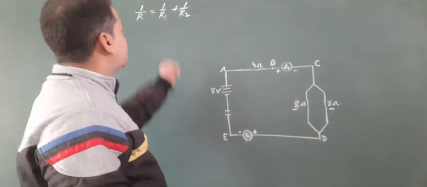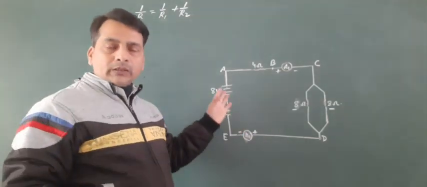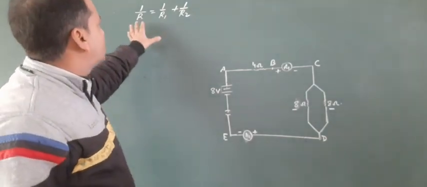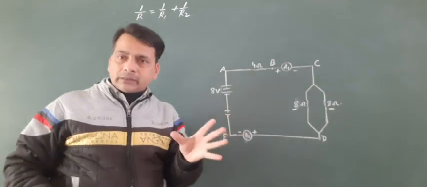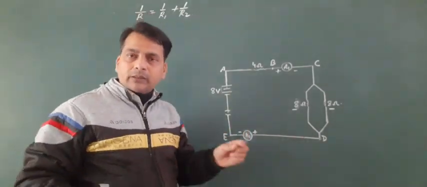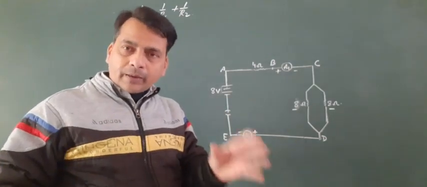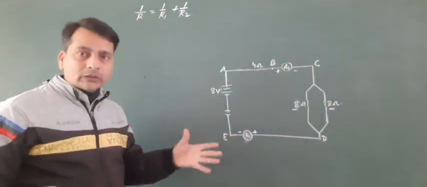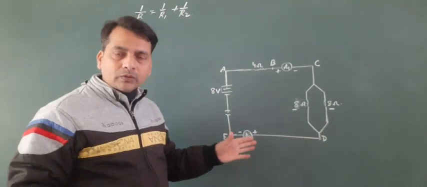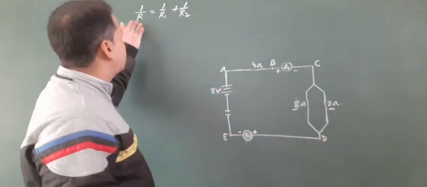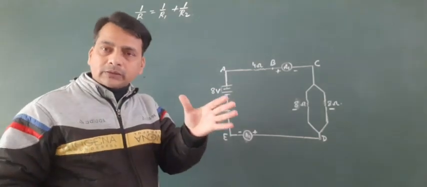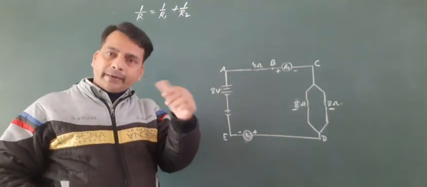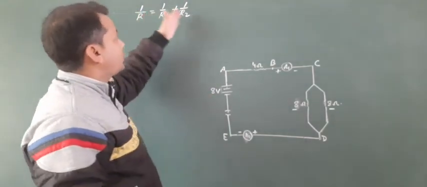Here two resistors are used, R1 and R2, and the net or equivalent resistance is R. Then the reciprocal of the equivalent resistance is equal to the sum of the reciprocals of each individual resistor, meaning 1 by R1 plus 1 by R2.